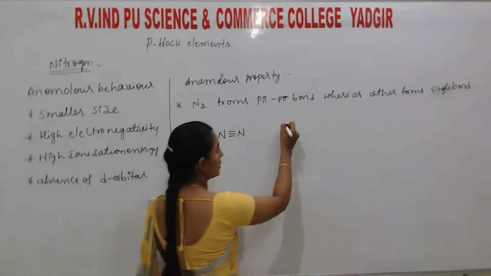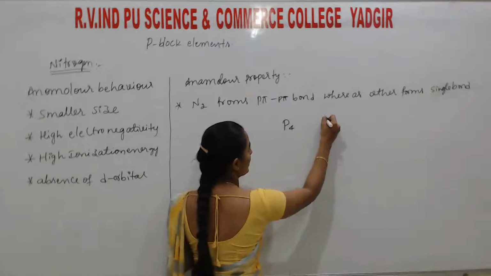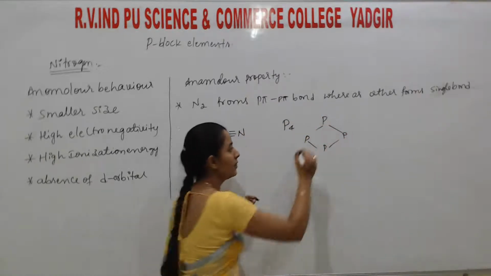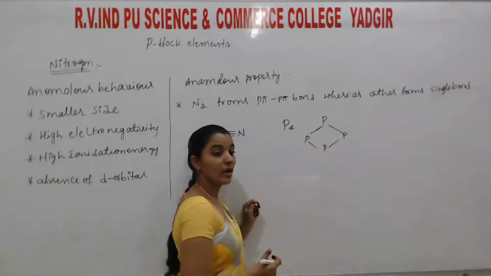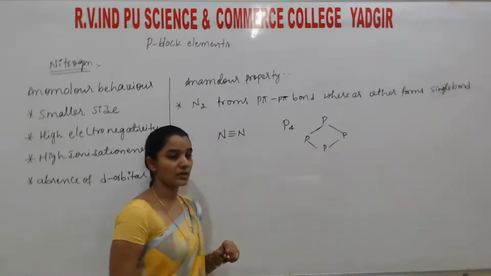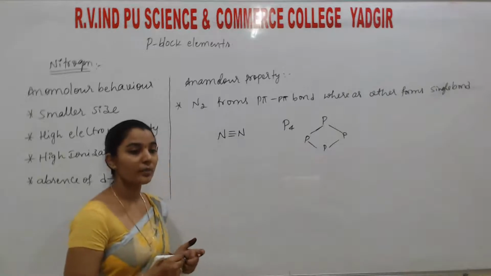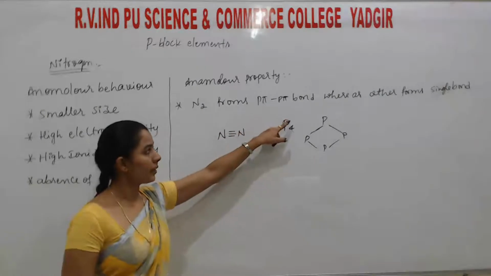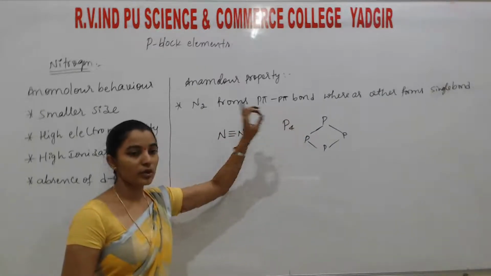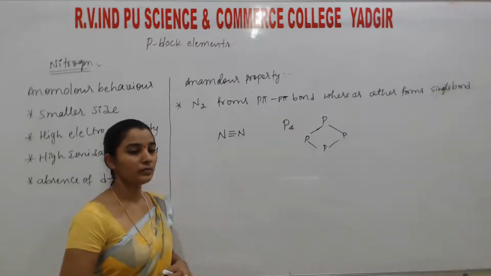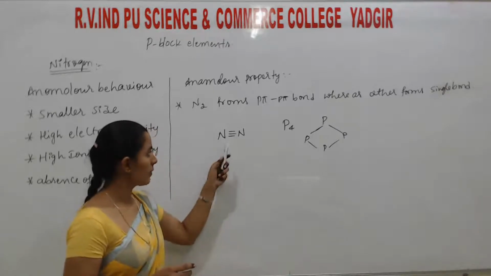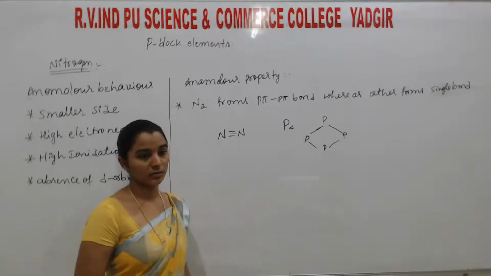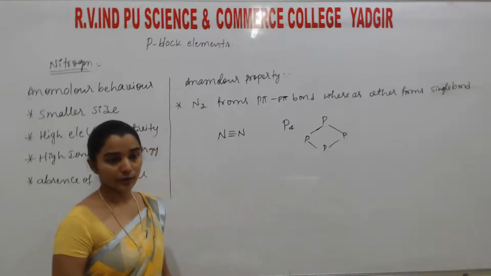But if you consider P4, it is like this. Of course the elements are bonded with each other, but they are singly bonded. They don't have the capacity to form p-pi bond. Understood? Nitrogen forms p-pi bond, whereas other elements form only a single bond or a sigma bond. This is the example, N2 and P4. N2 is like this, P4 is like this. All are with a single bond.